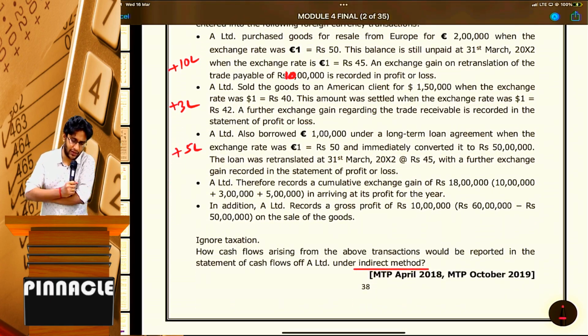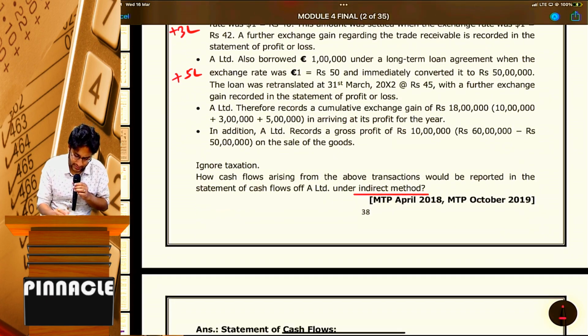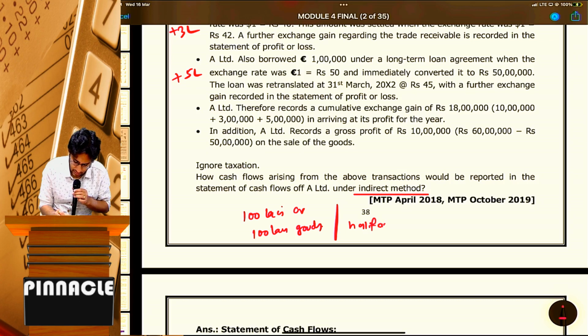In the gross profit, observe closely, they gave 60 lakhs minus 50 lakhs. What is that 50 lakhs? That is apparently purchases, sir. Purchase means cost of goods sold of 50 lakhs. That means out of the 100 lakhs creditor you have, 100 lakhs of goods you purchased, half are sold.